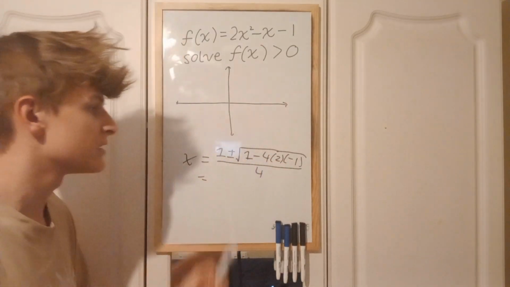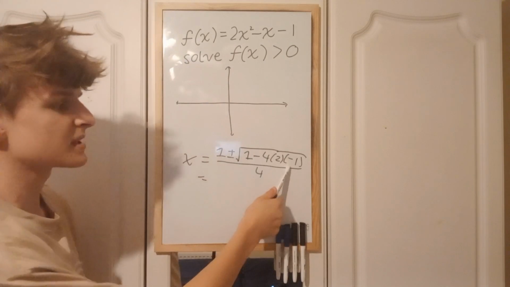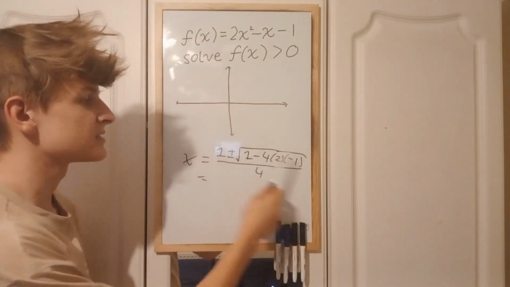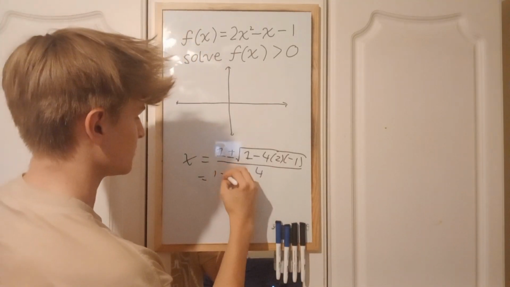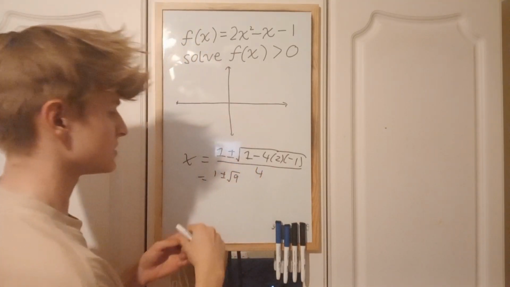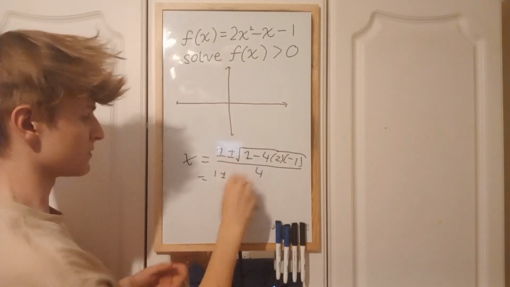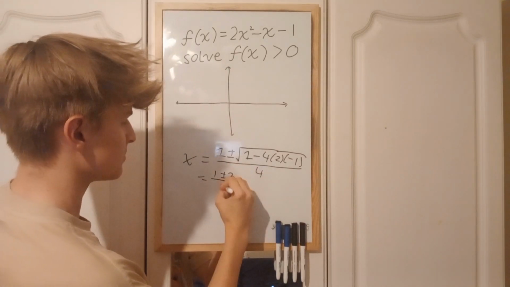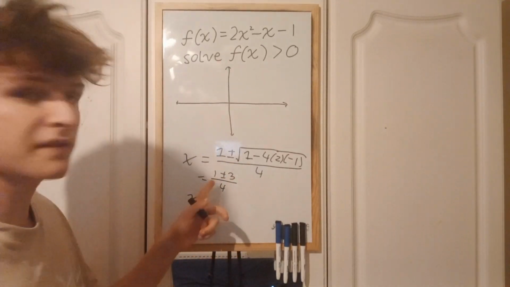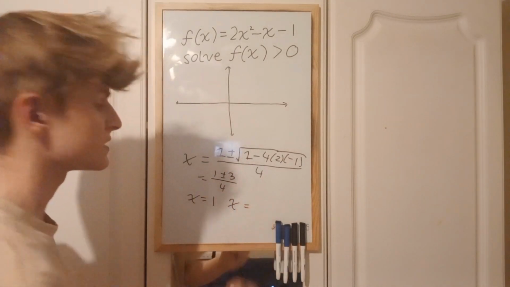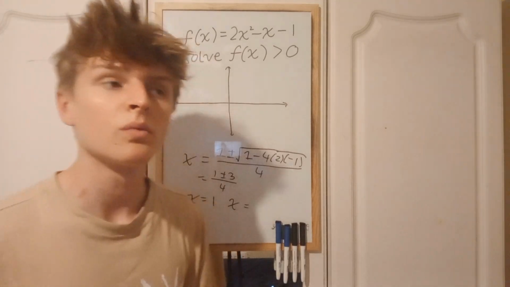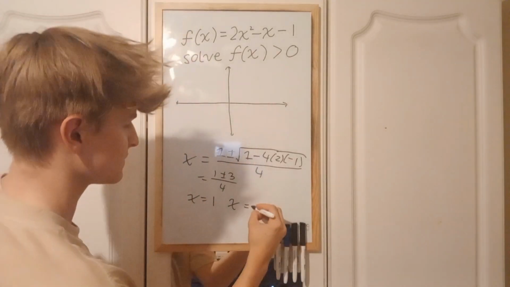That's 1 plus or minus the square root of, negative times negative is positive, 1 plus 4 times 2 is 9, so that's 1 plus or minus root 9, which is the same thing as 3, divided by 4. So, in other words, our first value of x is 1 plus 3 over 4, which is 1, and our second value of x is 1 minus 3 over 4, which is negative a half.